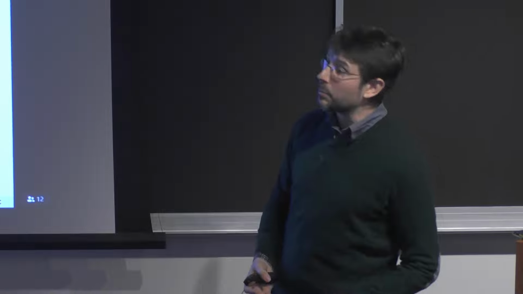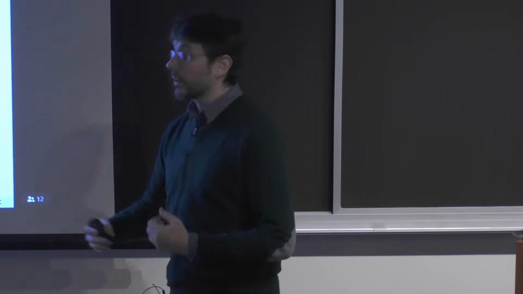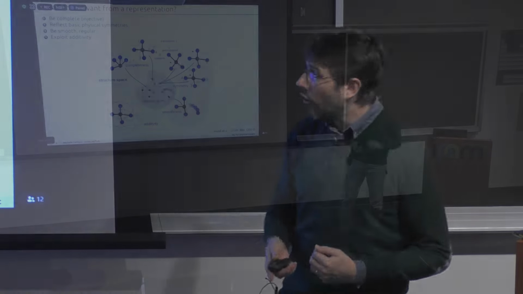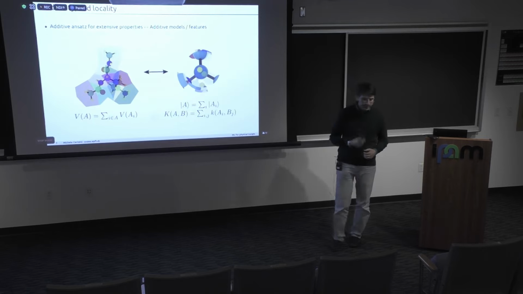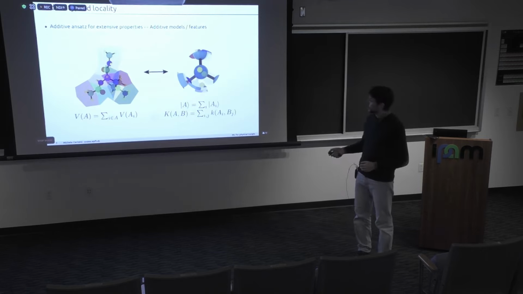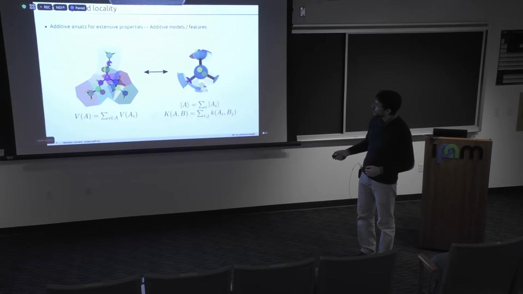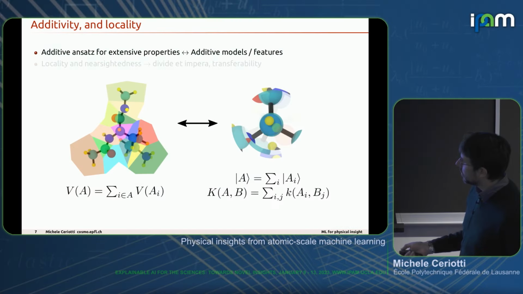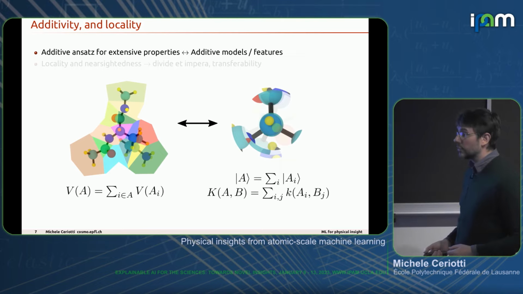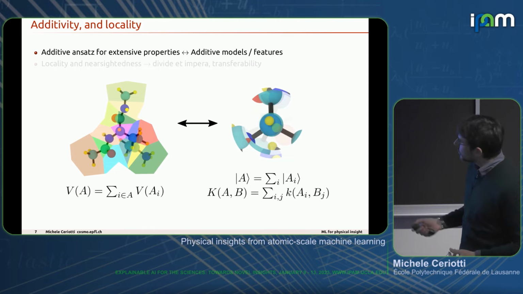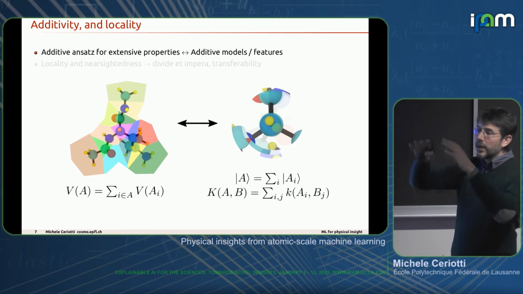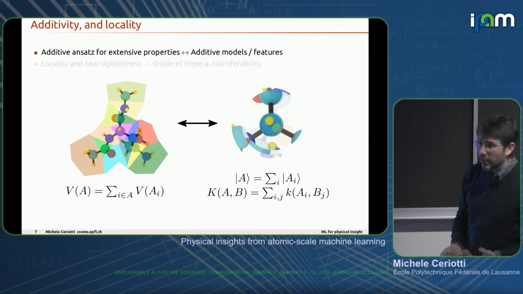So we build the description of a molecule and the property of a molecule as a sum of atom-centered contributions. So here, for instance, the energy of a molecule will typically be written as a sum of terms that are associated with individual atoms. And this is not atoms in isolation, but atoms together with their local environment, okay?